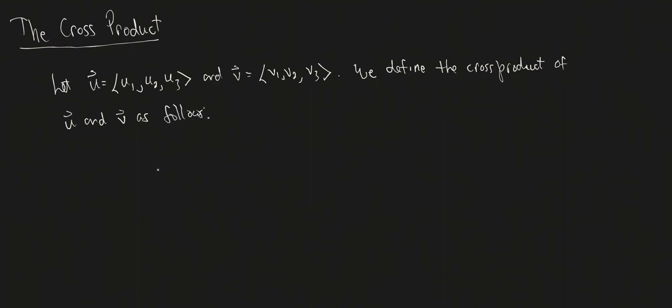Here is how it's denoted. Now, we can't use the dot, right, to represent this product. So what we're going to use is the actual times symbol, or a little cross or X symbol, to represent the cross product of these two vectors, right? And the way we're going to define it, we're actually going to use a 3x3 determinant as a way to define it, because it's a nice way to remember how to set it up, right?